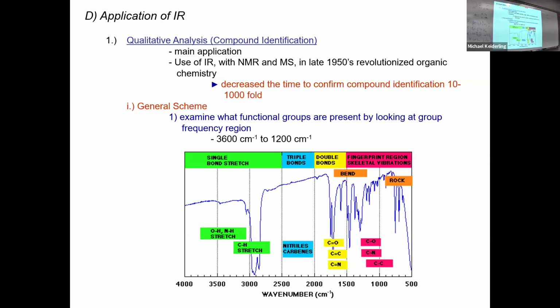We use infrared with NMR and mass spec, and that in the late 1950s more or less revolutionized organic chemistry because it decreased the time to confirm compound identification 10 to 1,000-fold. They cut identification times down by several orders of magnitude.